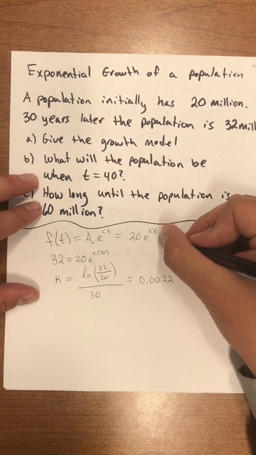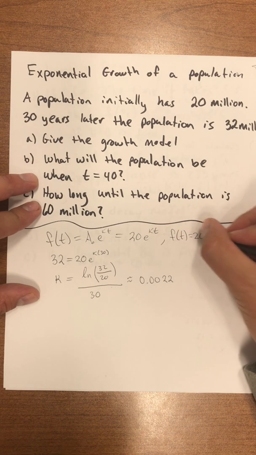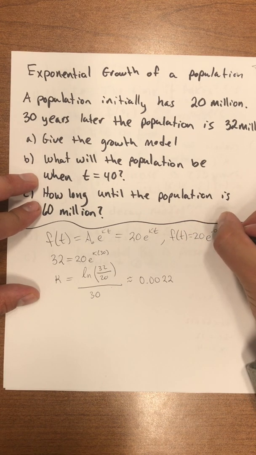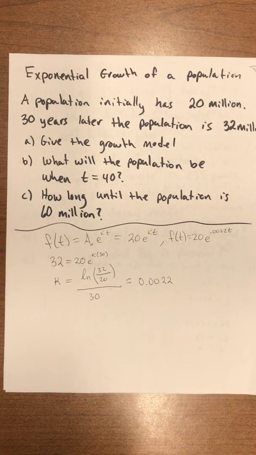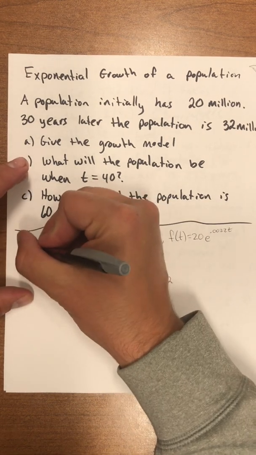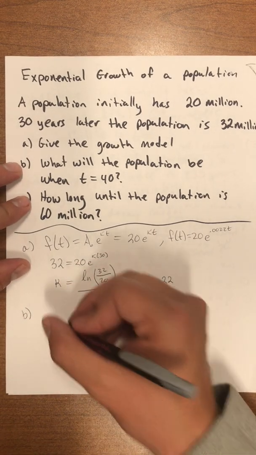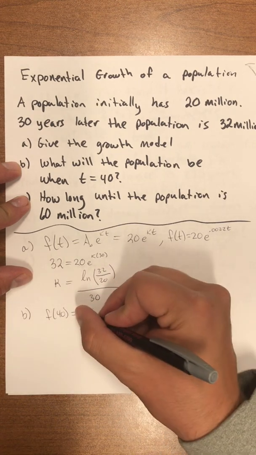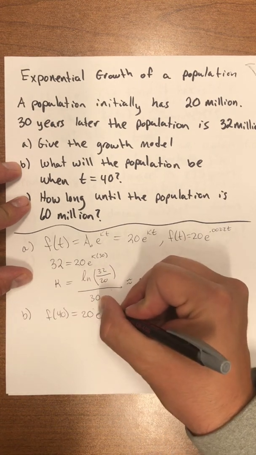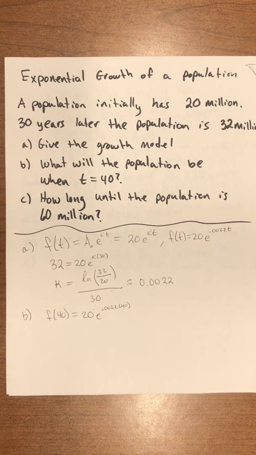So the function we know to be f of t equals 20 e to the 0.0022 t. Now it says, what will the population be when t equals 40? So that means f of 40 equals 20 e to the 0.0022 times 40.